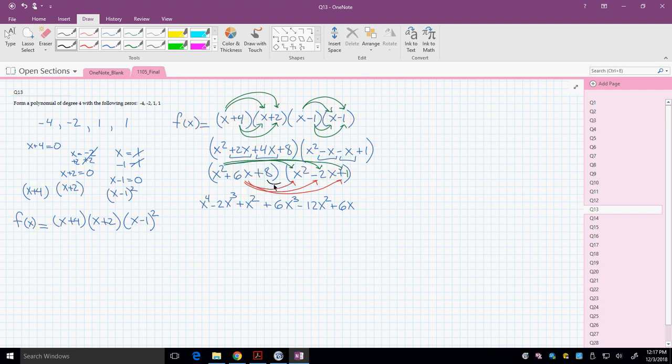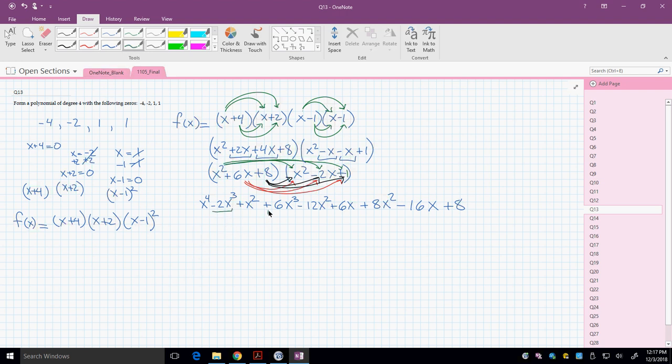So I'm going to multiply each term by the last parentheses, and that is going to give me x squared minus 16x plus 8. Now I need to look for like terms so I can combine them.